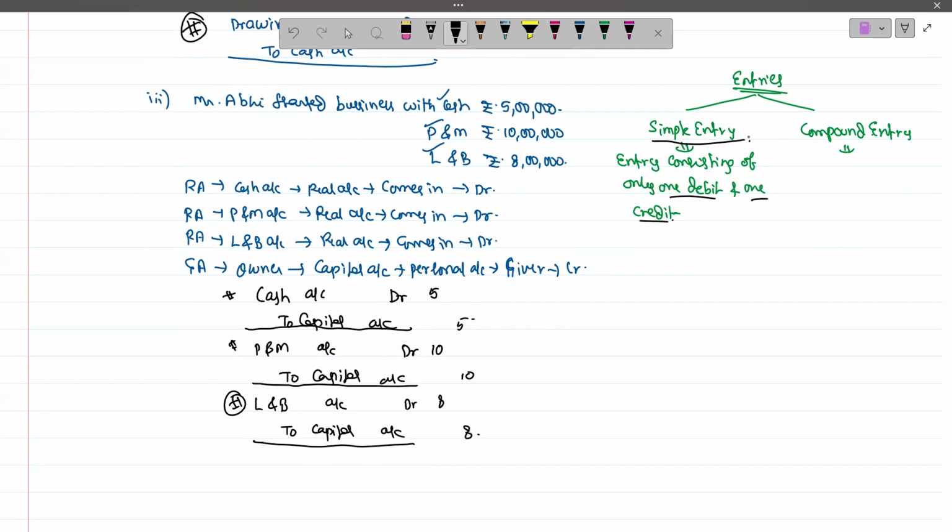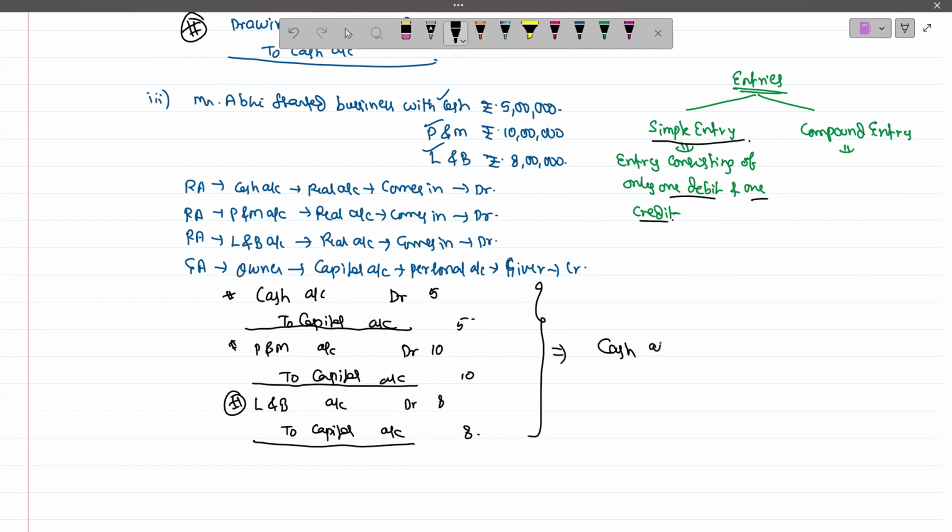But remember, if all these transactions happened on the same date, relating to a particular item like capital, then instead of writing a separate entry for every aspect, you may write a single entry by combining all these aspects. Then how can we write the entry?